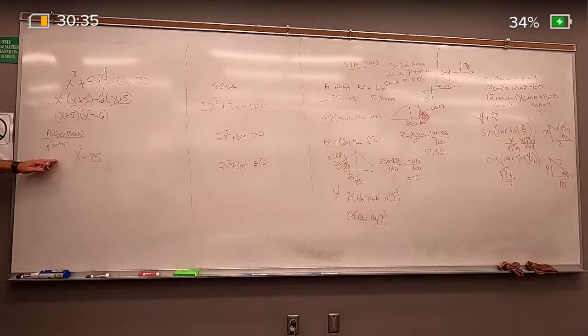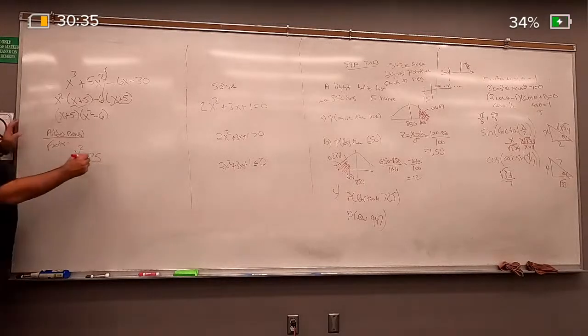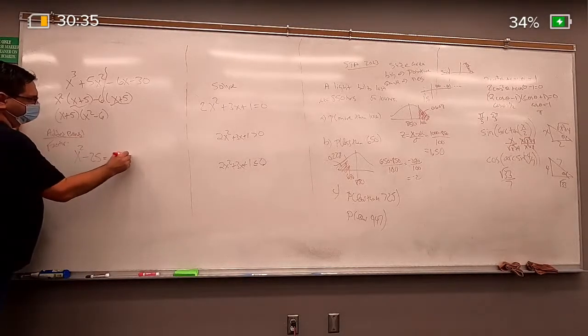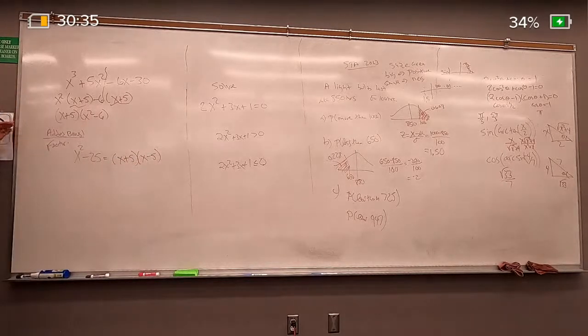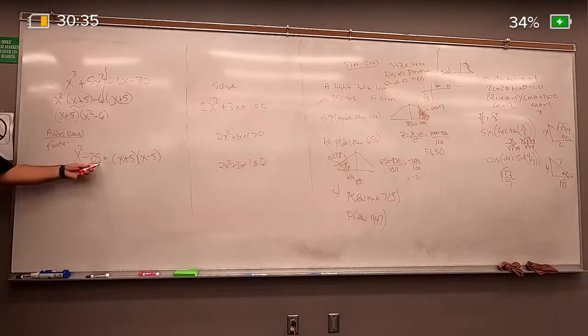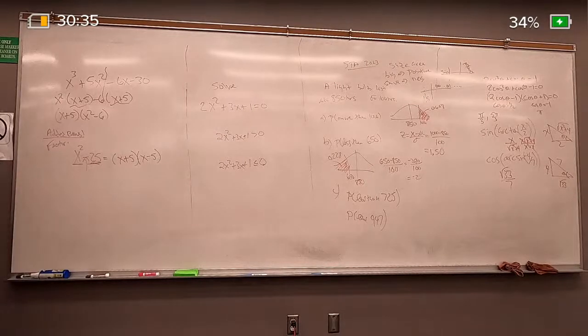This we haven't talked much about. Difference of two squares. Okay? The way the difference of two squares factors is x plus 5, x minus 5. If this is a perfect square, and this is a perfect square, and this is subtract, it's x plus, x minus.